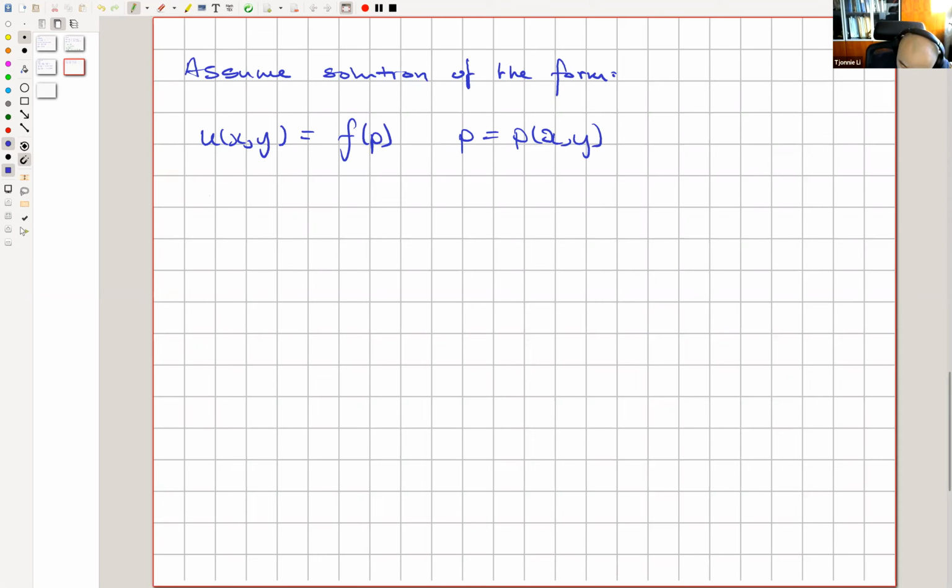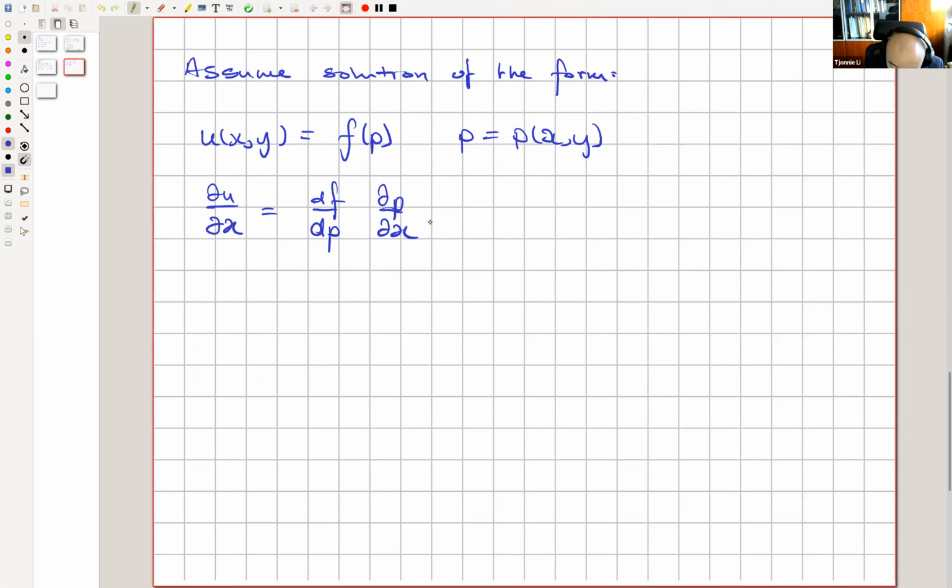So very quickly, the partial derivative of u with respect to x can then be written as the total derivative df/dp times the partial derivative of p with respect to x. Again, similarly for y as well.